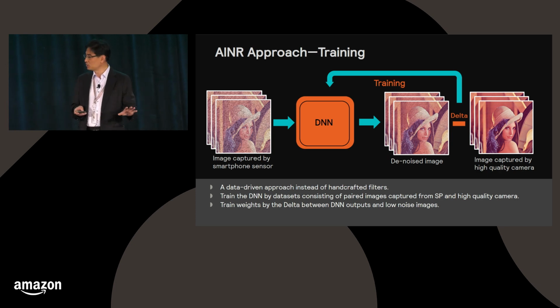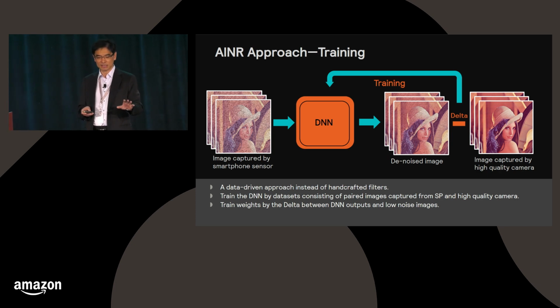We input the image captured by the camera and feed it to the deep neural network and get the denoised image. Then we train the parameters by the difference between the high-quality picture and the denoised picture. We use this difference to train the network until the DNN output looks very similar to the high-quality picture.